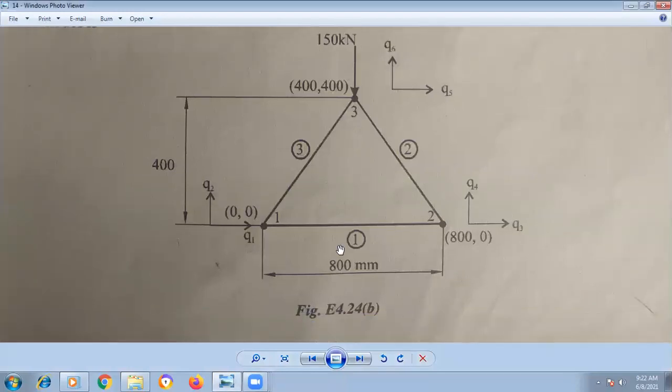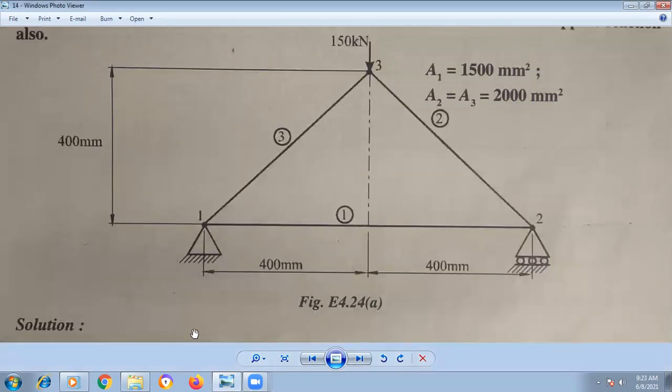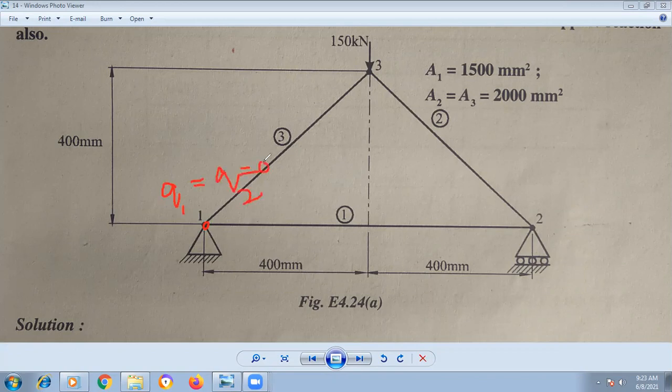Our finite element model will consist of the coordinates of nodes 1, 2, 3, then the displacements in the vertical and horizontal directions at the nodes, each degree of freedom, then the forces, whatever they have given. The boundary conditions in the given problem are: node 1 is totally fixed, therefore q1 is equal to 0 and q2 is also equal to 0.